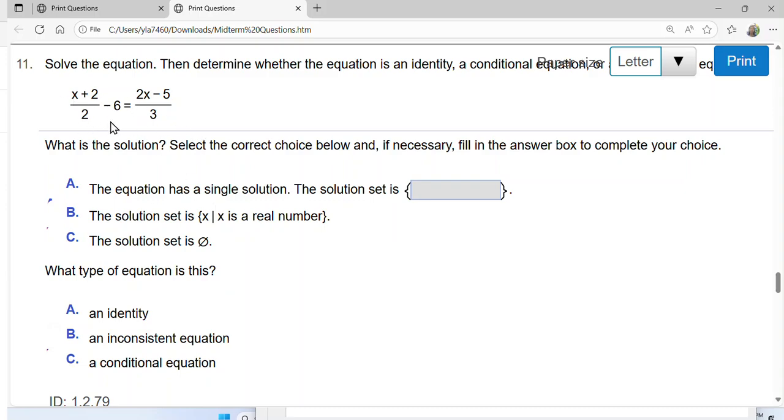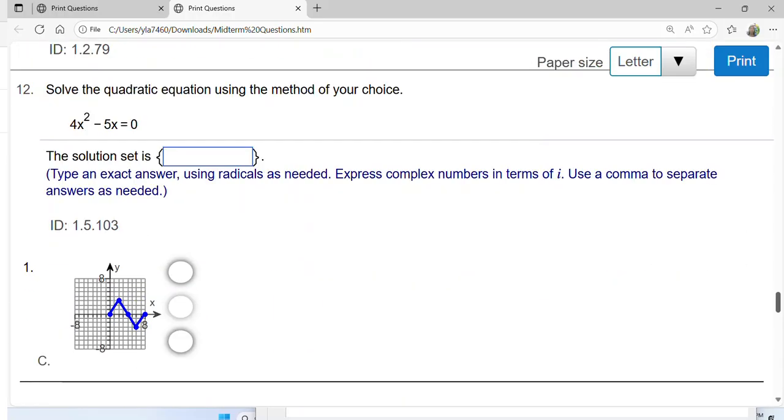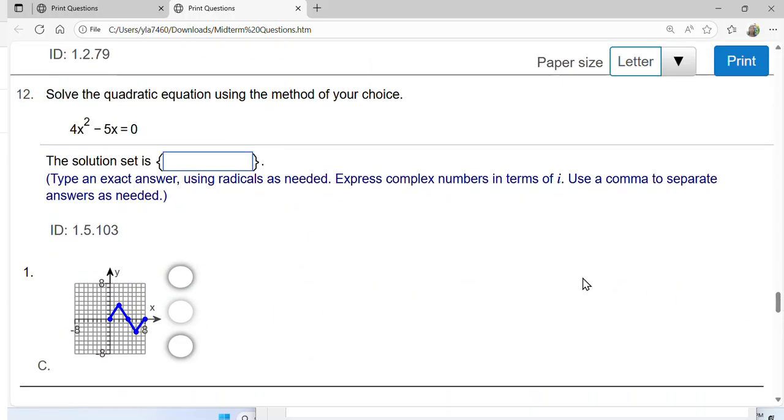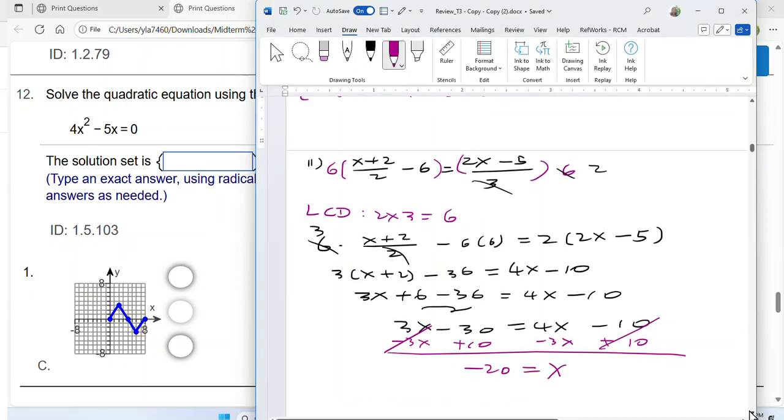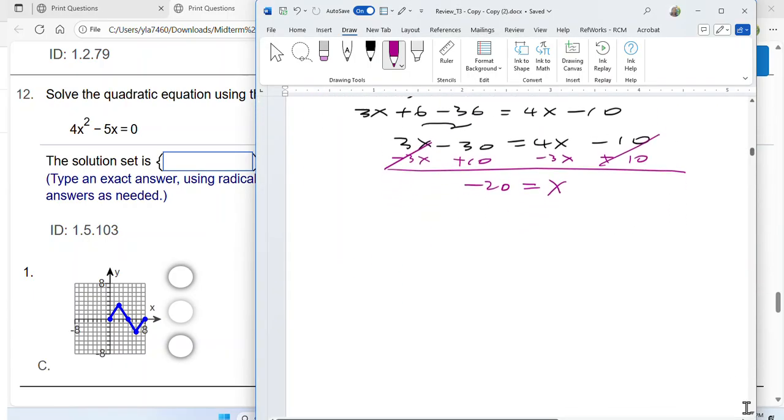Okay, number 12, solve the equation using any method you want. For this one, you want to do the factoring, right? You can see 4x squared and 5x have a common factor x. So I'm going to pull the x out, so this will be x times (4x minus 5) equal to 0.